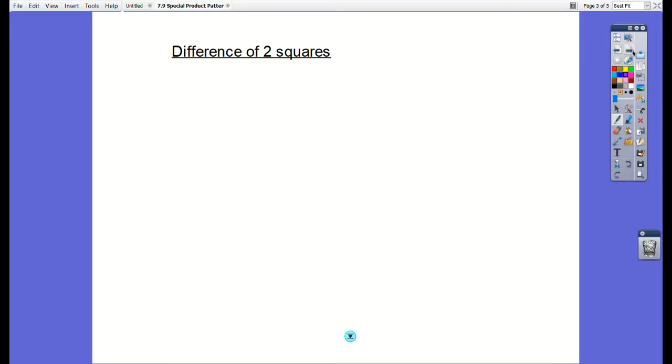Here's the next one. Difference of 2 squares. Now this pattern comes from (a plus b) times (a minus b). I want you guys to FOIL here, see what you get. And as you do it, I'll do it on the board.